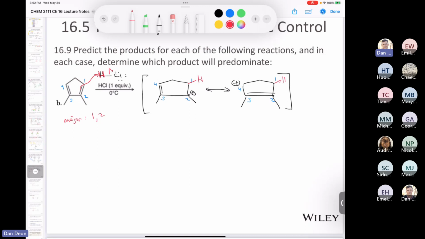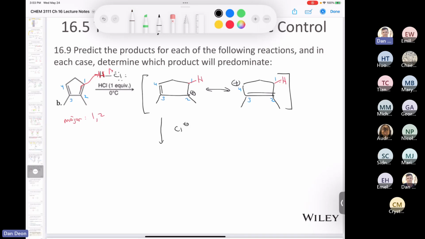It's still there, okay? Nothing has changed there. All right, so now I can have the nucleophilic attack by my chloride at carbon 2, like this, or I can have the nucleophilic attack by my chloride at carbon 4, like this, okay?